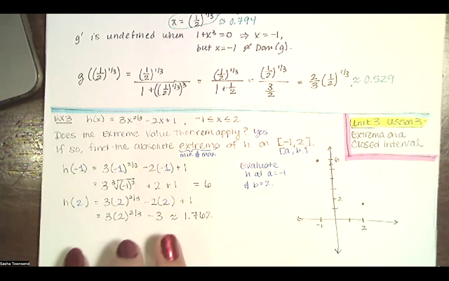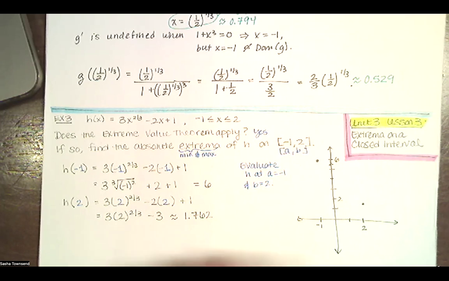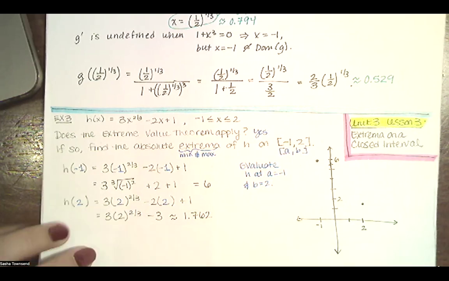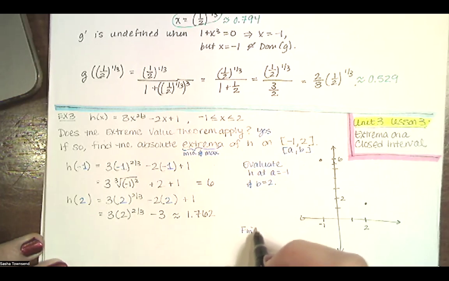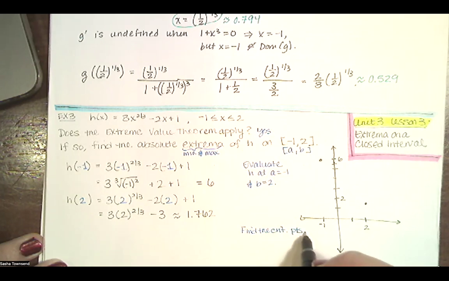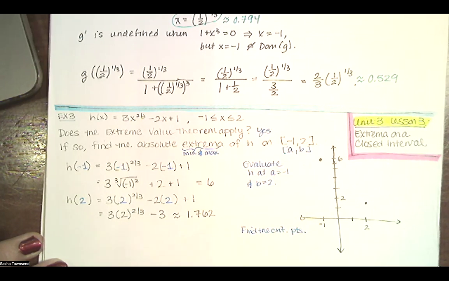And then we find the critical points of h on the interval of interest and evaluate h at the critical points. Now remember what the critical points are. Critical points of our function are the x values in the domain where the function's derivative is equal to 0 or the derivative does not exist.